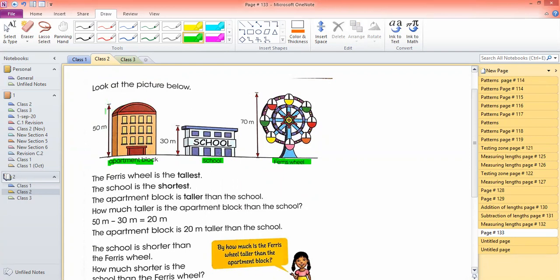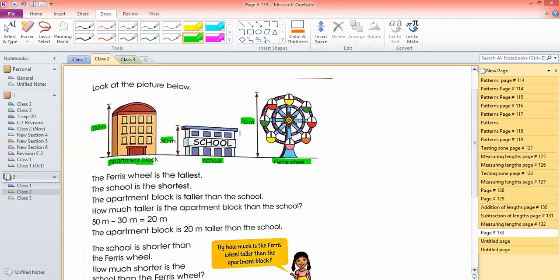And you can see that their tallness is measured and their height is written: apartment block height is 50 meter, school height is 30 meter, and Ferris wheel height is 70 meters. So now what you are going to do, you are going to compare the height of apartment block, school, and Ferris wheel.